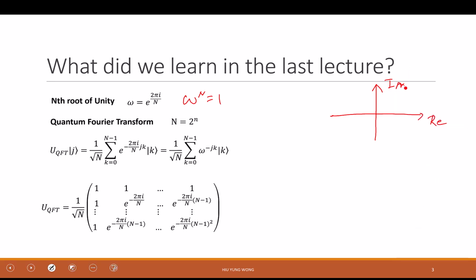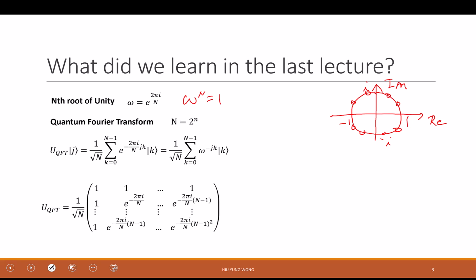If you draw a unit circle, this is 1, this is i, this is -1, this is -i, and the nth root of unity is going to reside on this circle. Depending on the value of the capital N, you have different density.